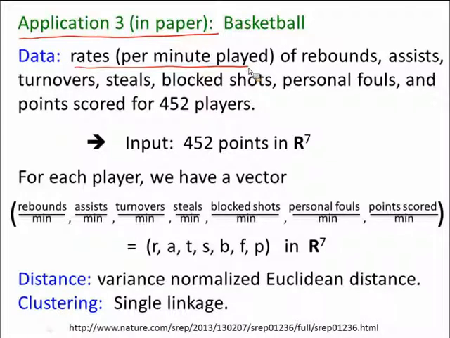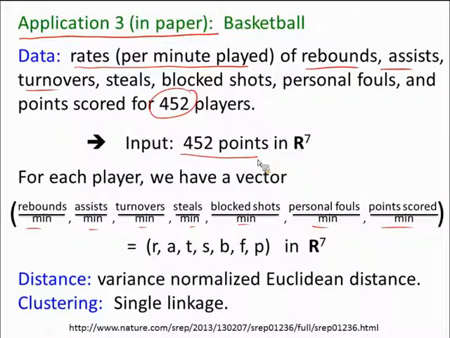And so you've got rates per minute played of rebounds, assists, turnovers, etc. We've got 7 different properties that were downloaded to be analyzed for 452 players. So that means we have 452 points, one data point for each player.